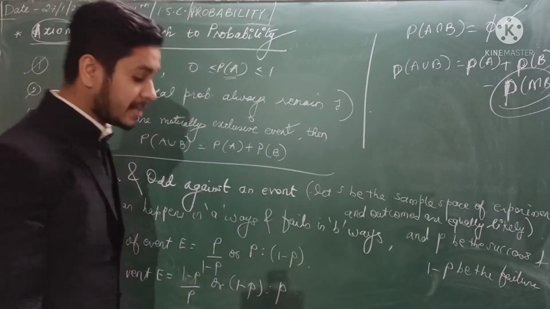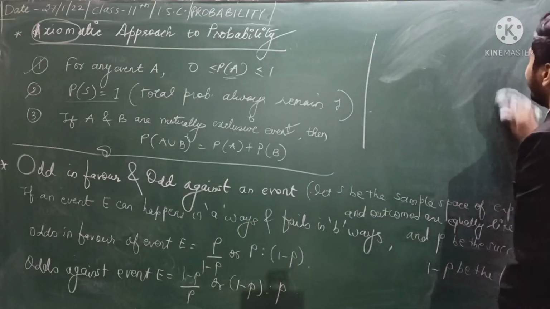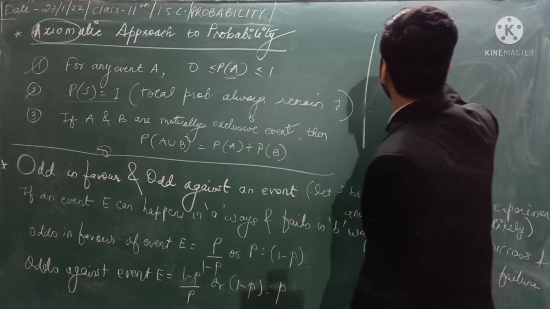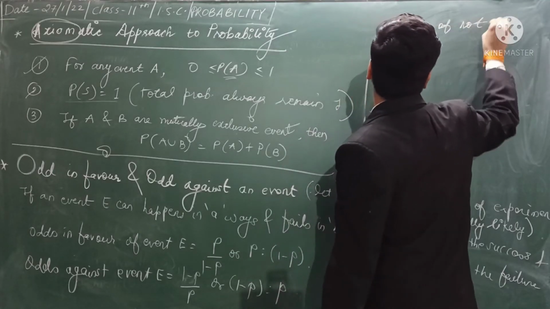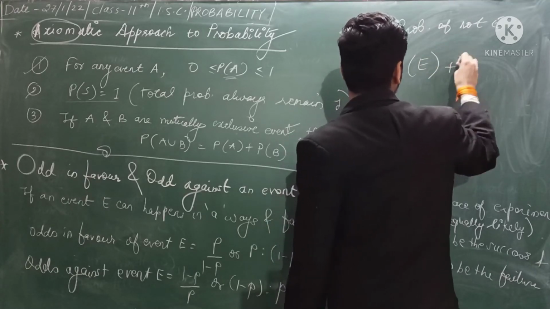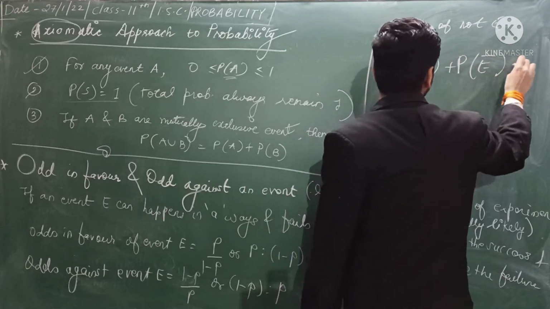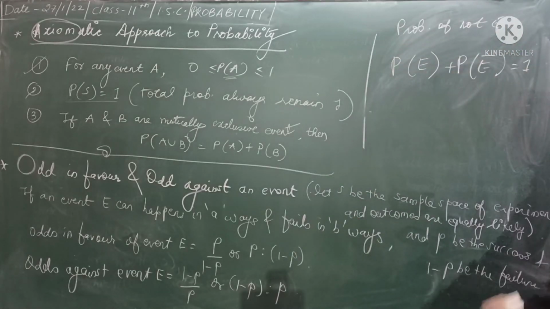Now what is the probability of not E? I explained E and not E at the very start. The probability of E plus the probability of not E is equal to 1. In 10th class we have seen this, the complementary event.